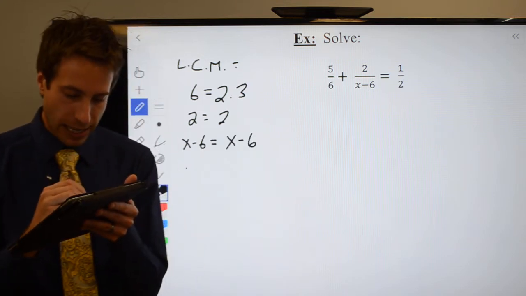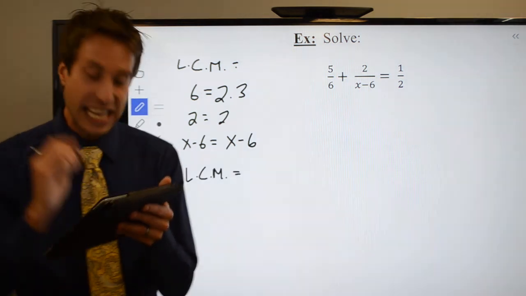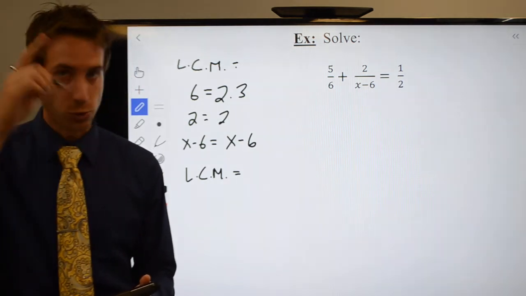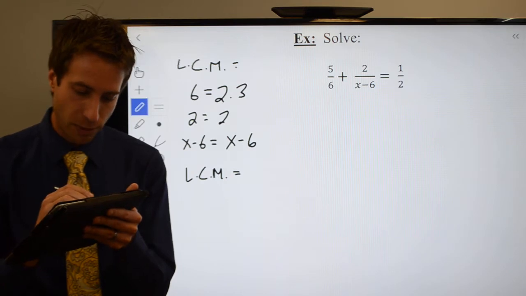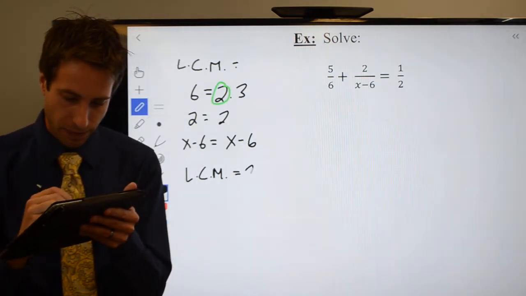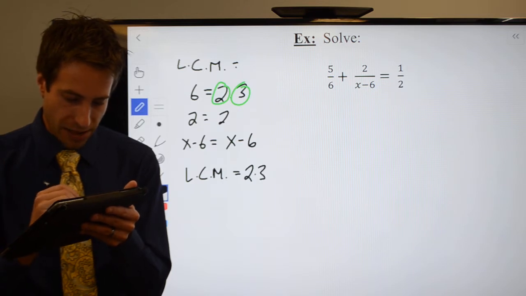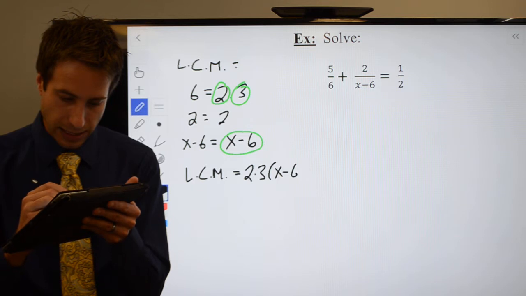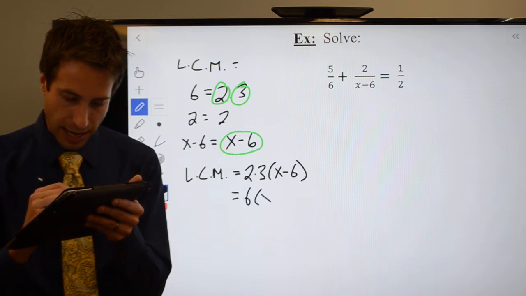So my LCM, now that I've got everybody factored, is going to be each factor to the greatest number of times it appears, which would be the exponent. 2 shows up twice, but I only need to keep it once. They're both to the first power, so we'll just keep that one. 3 only shows up once, so I'll keep it: 2 times 3. The x minus 6 only shows up once, so just keep the x minus 6. And I wind up with an LCM of 6 times x minus 6.